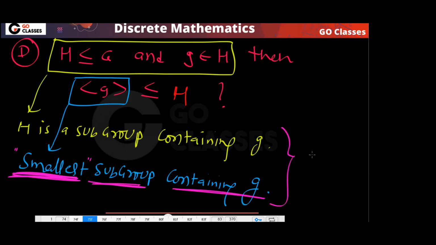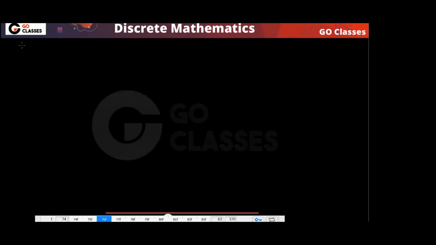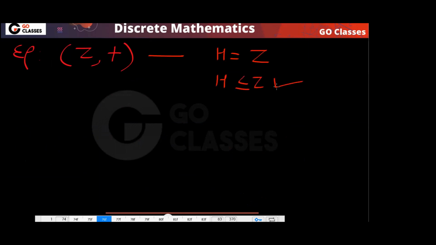So from these two, what can I say? Is this clear? Remember, H is a subgroup that contains G. For example, take Z comma plus. Here, can I say Z is a subgroup of Z?